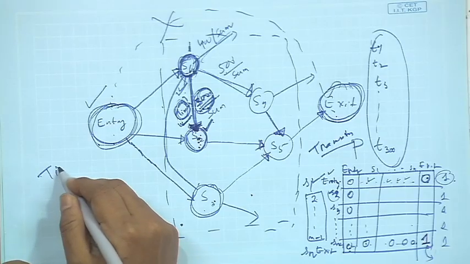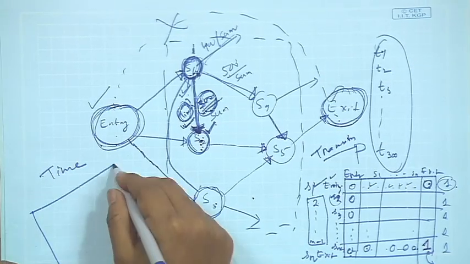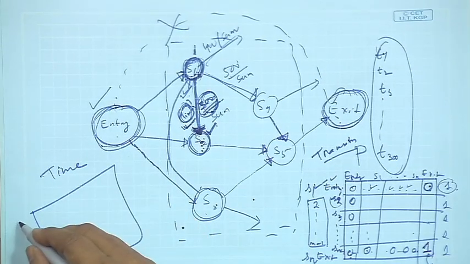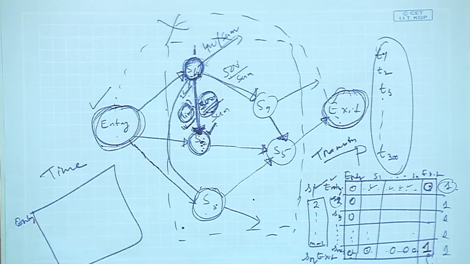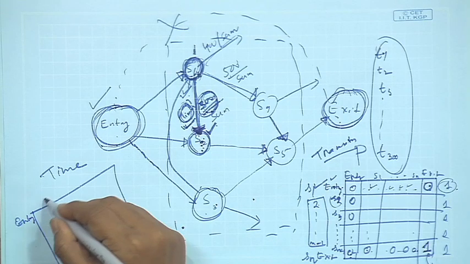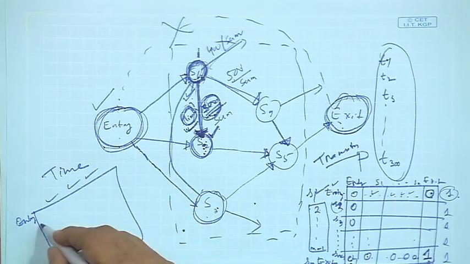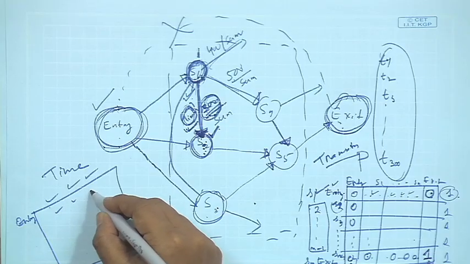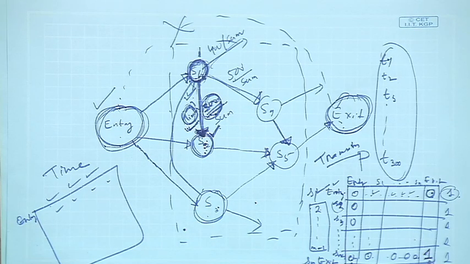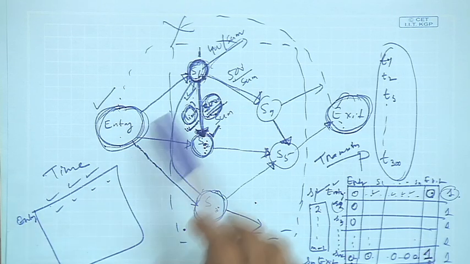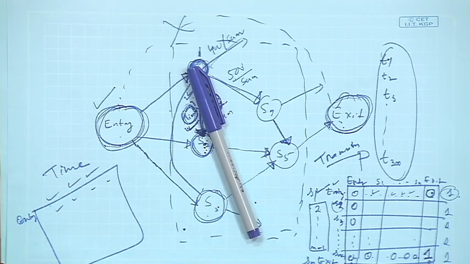Similarly, we can have a time matrix. In that time matrix again you will have this entry, exit and all other states, and everywhere you can have the time, the average time spent. Okay.